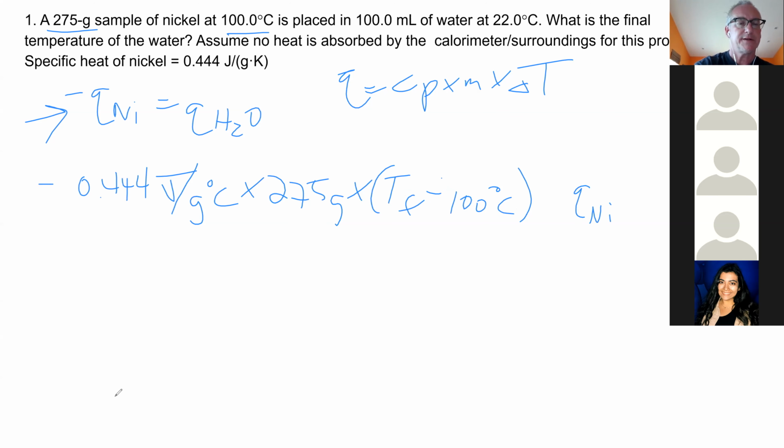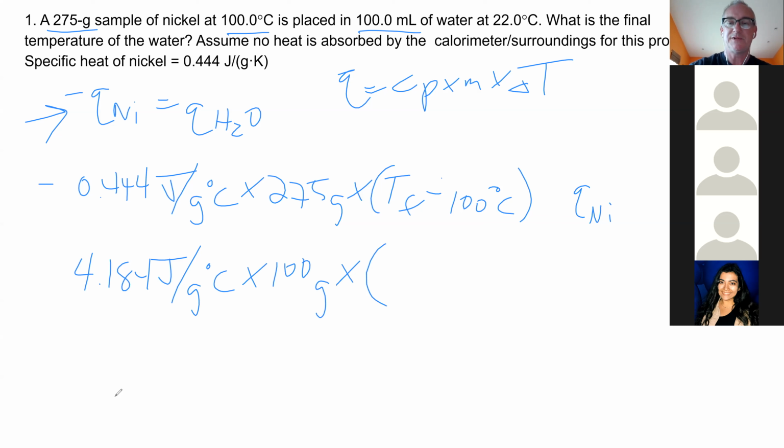Now Q water is going to be 4.184 joules per gram per degree C times the mass of the water, which is 100, times delta T for the water. Now delta T for the water is going to be whatever the final temperature is minus its initial temperature, which is 22.